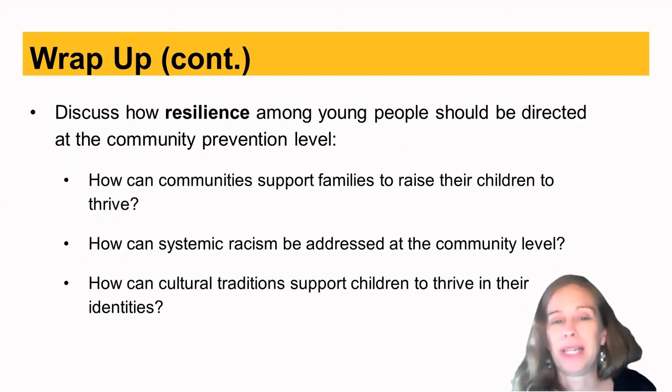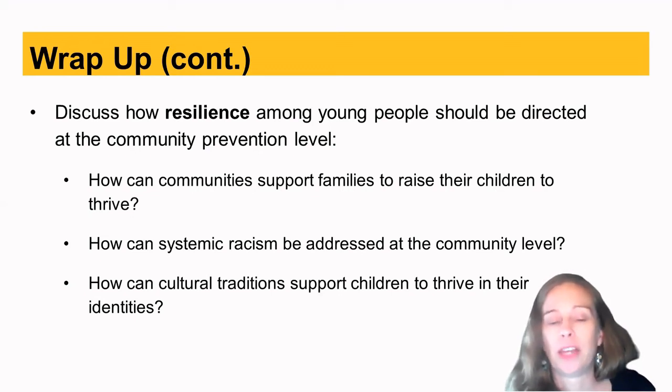I like to wrap up by talking about how resilience among young people really exists at the community level. And it is the failings of adults and systems when young people are not thriving, because we have not provided the adequate support for young people. So how can communities support families to raise their children to thrive, not just survive?